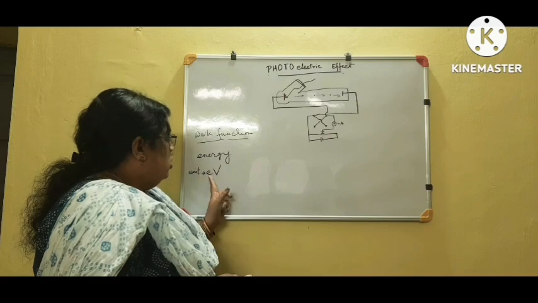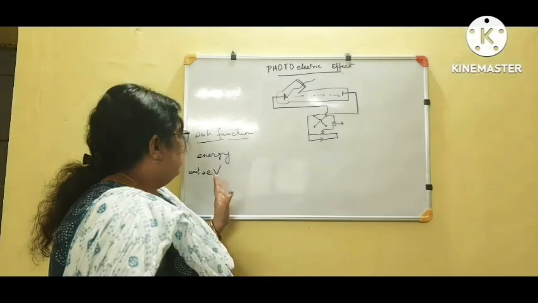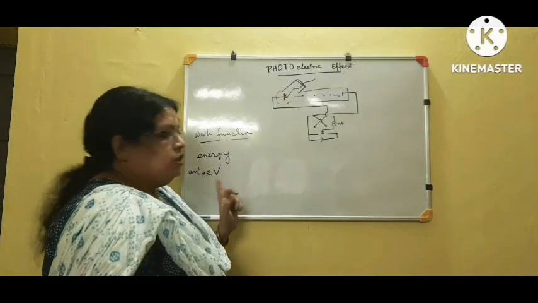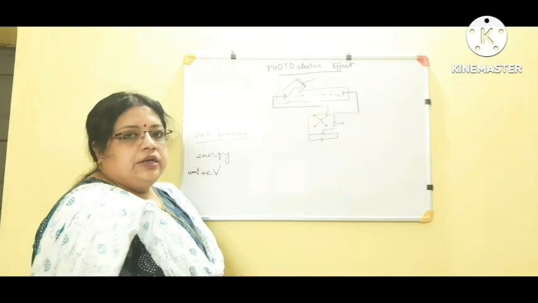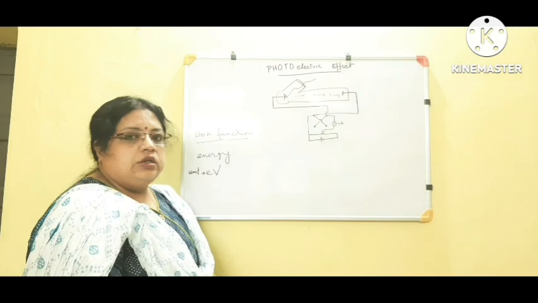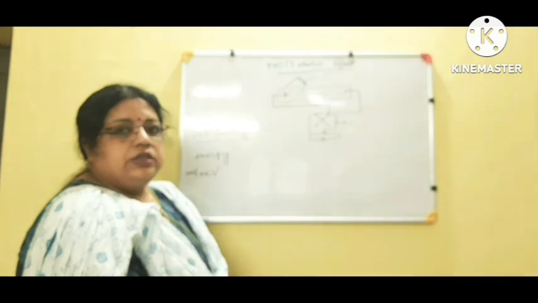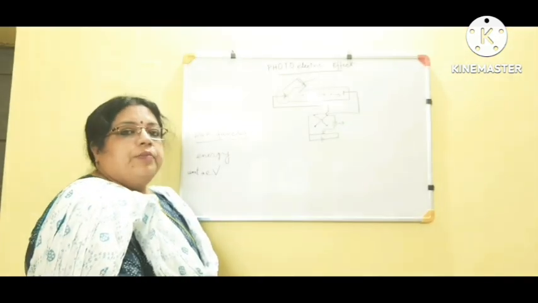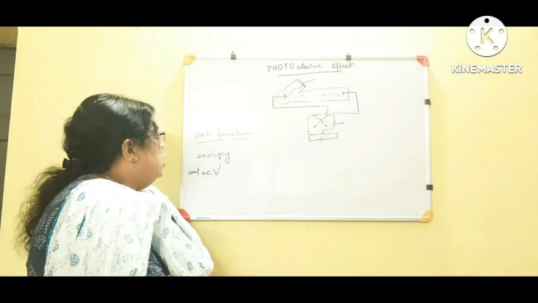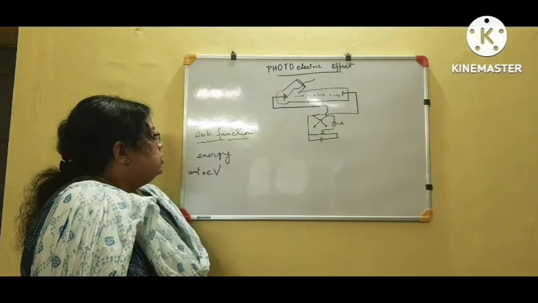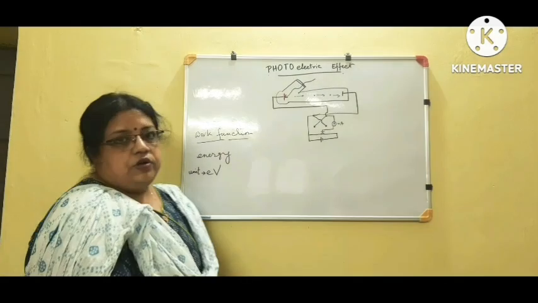When a single electron moves through a potential difference of 1 volt, the energy involved is called one electron volt. Work function is the minimum amount of energy needed for free electrons to come out from the metal surface. It is measured in electron volts.